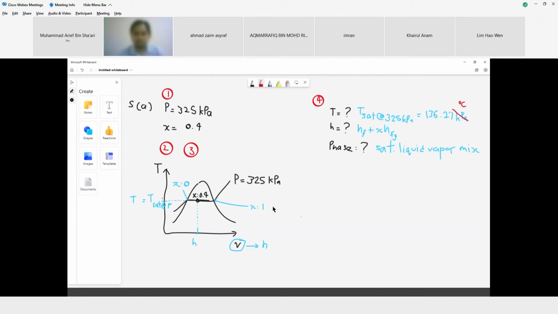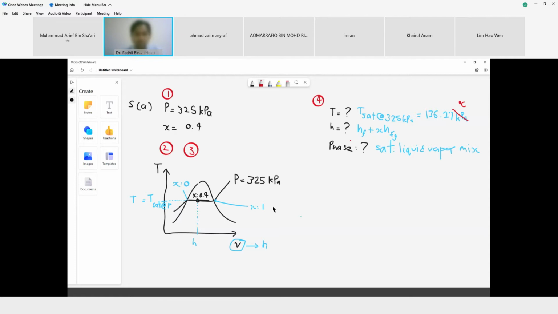Okay, let's continue for the enthalpy. For the case of a saturated liquid vapor mixture, we have to use the equations to determine any property, either specific volume, internal energy, enthalpy, or entropy.